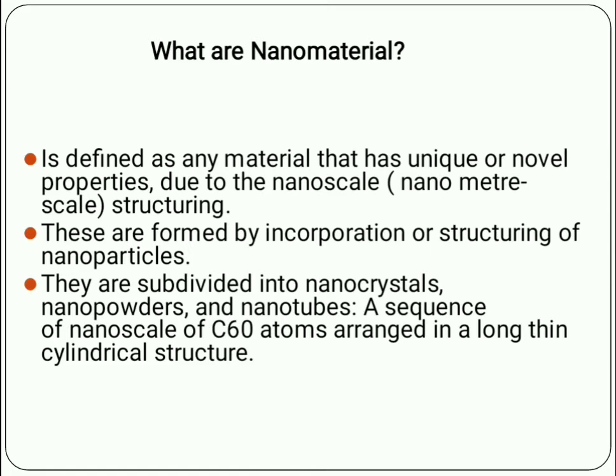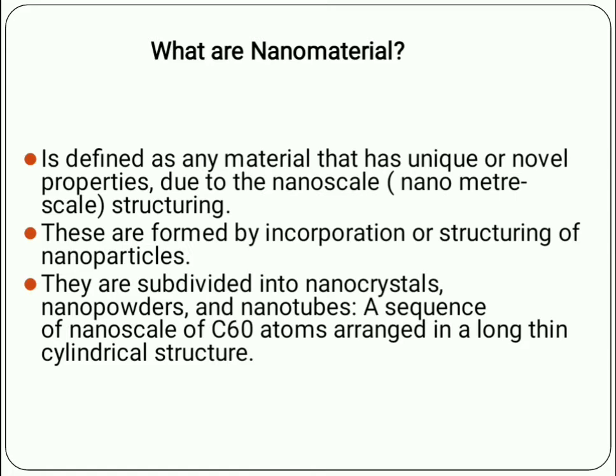At that structure, they have unique and novel properties which the bulk material does not have. So that is the advantage of the nanomaterial. Now you see, these are formed by incorporation or structuring of nanoparticles. So this is how they are synthesized.